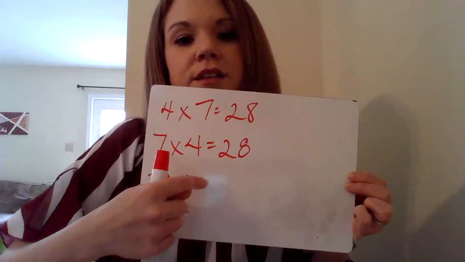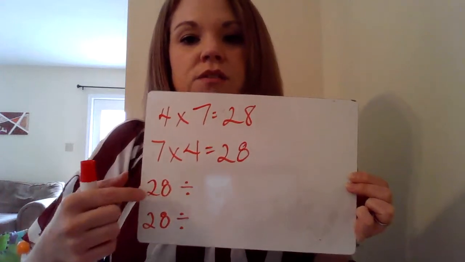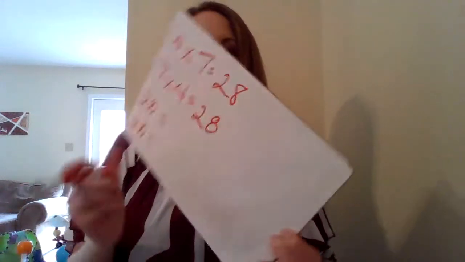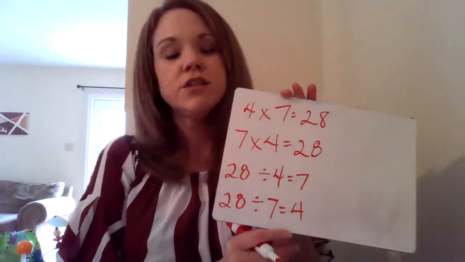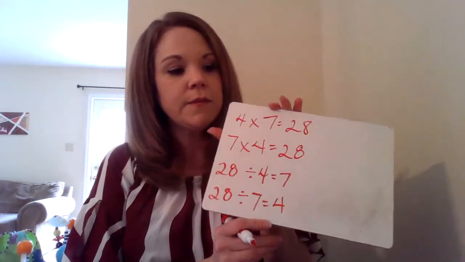So now I need to plug in these numbers. I'm going to pick 4 first, so I'm going to do 28 divided by 4. And then I only have one number left to use, 7. And I'm just going to flip them around: 28 divided by 7 equals 4. So that's the fact family that I would be adding there. So that's how the multiplication and division problems are related.